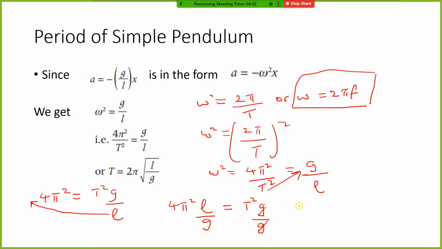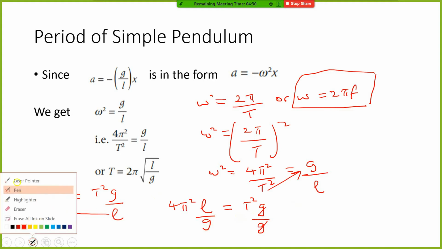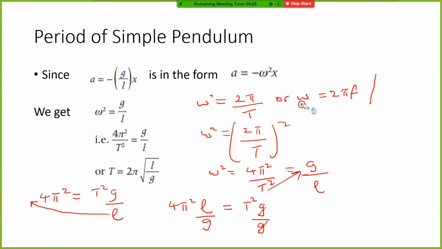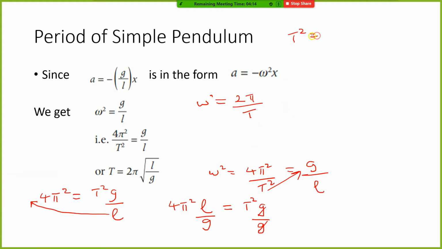Now I'm left with T squared is equal to 4 pi squared times L divided by g.